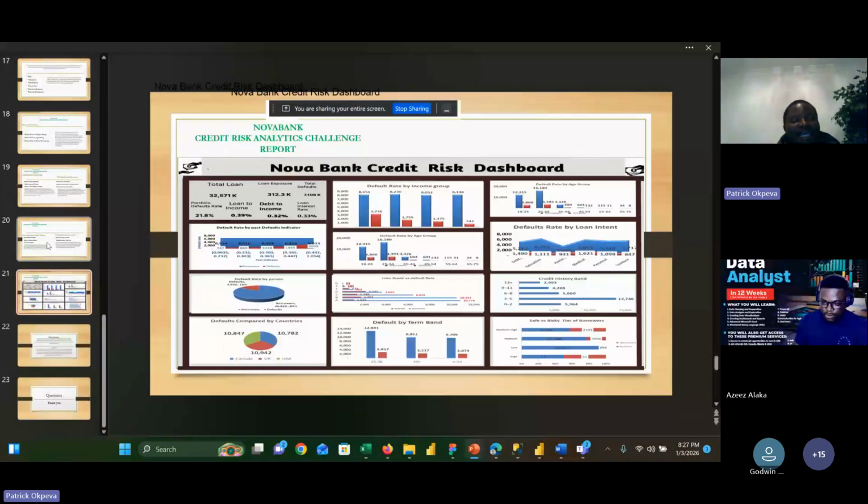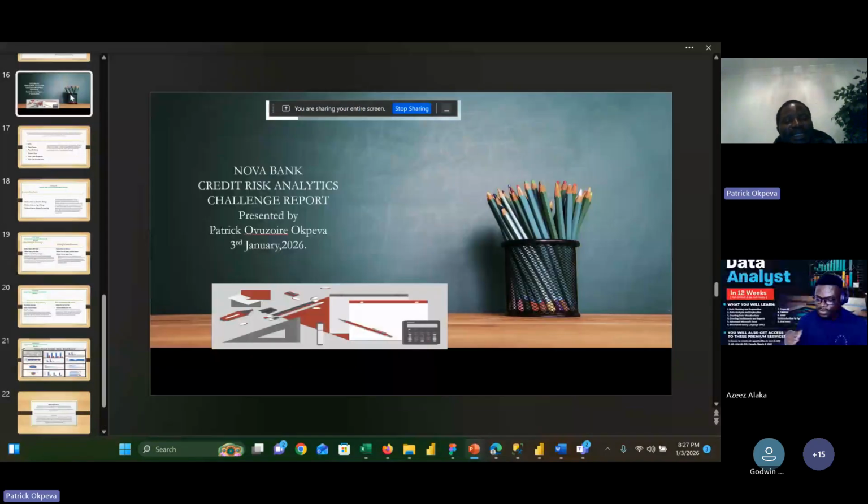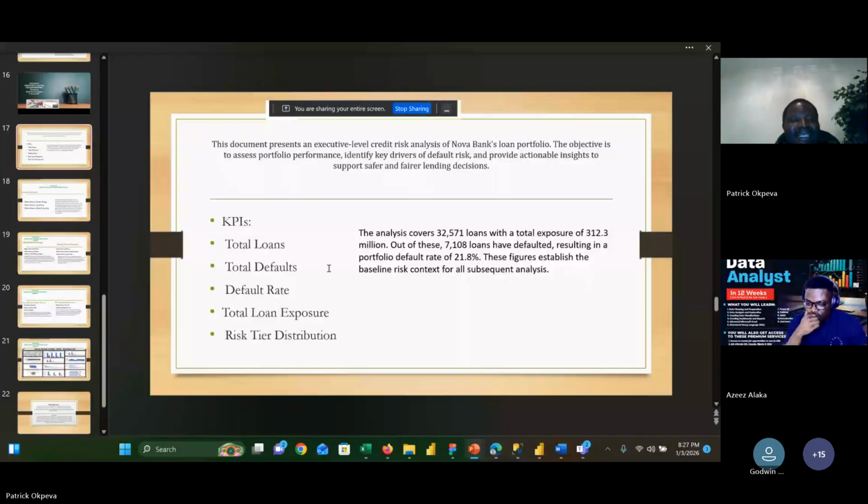All right. The next question is the Nova Bank Credit Risk Analysis Challenge Report, which is about default rate. We understand that a financial institution has the ability to issue loans, and there are a lot of factors this organization considers.